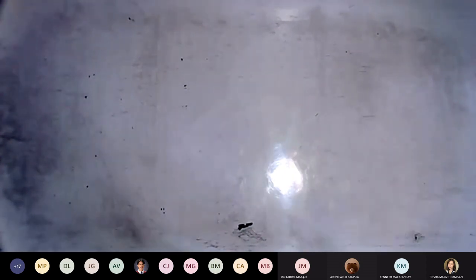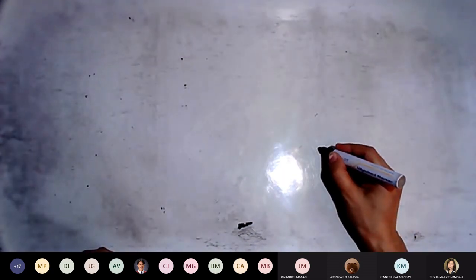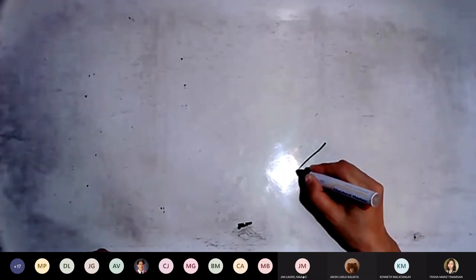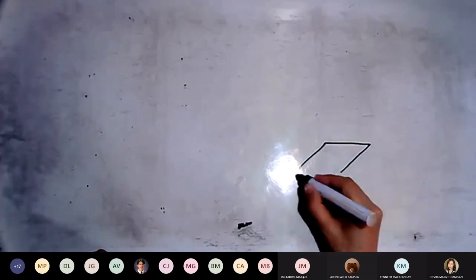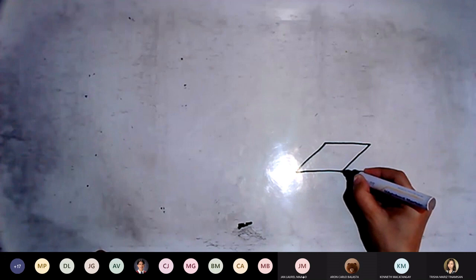According to the problem, one edge of the base of a regular square prism is 2 meters. So when you say regular square prism, that means the base is a square. Let me draw first the figure, not to scale here.